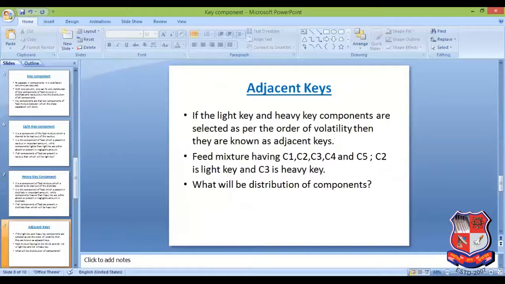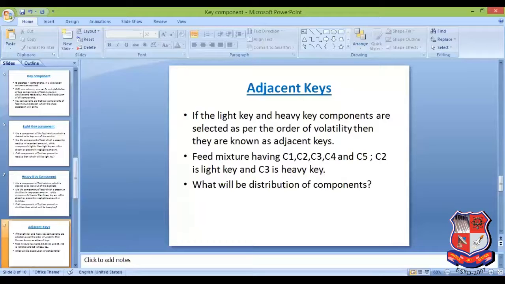Okay. So now we are going to discuss two concepts: adjacent keys and non-adjacent keys. See, adjacent keys: if the light key and heavy key components are selected as per order of volatility, then they are known as adjacent. Take an example. Say the feed mixture is having C1, C2, C3, C4 and C5, that means methane, ethane, propane, butane and pentane.